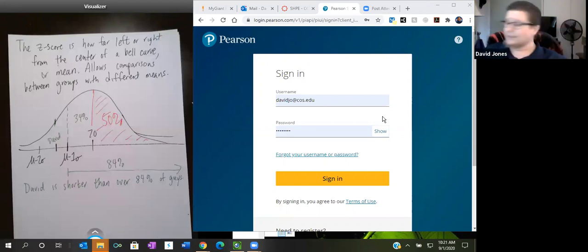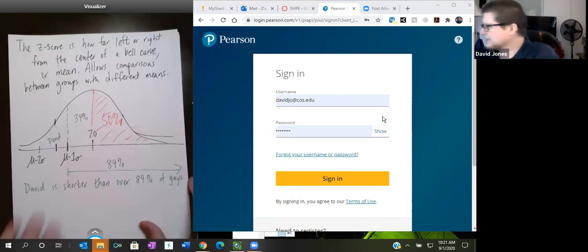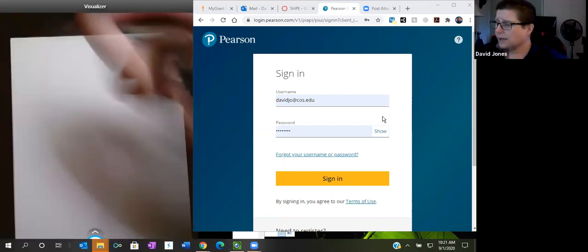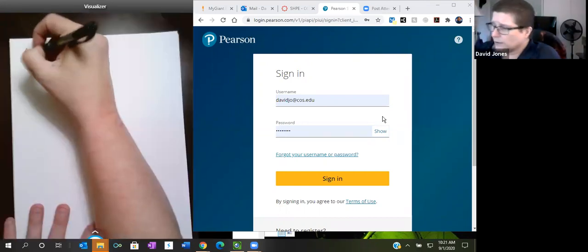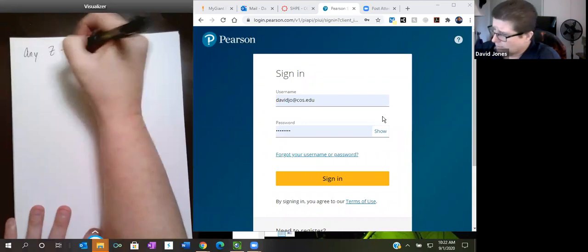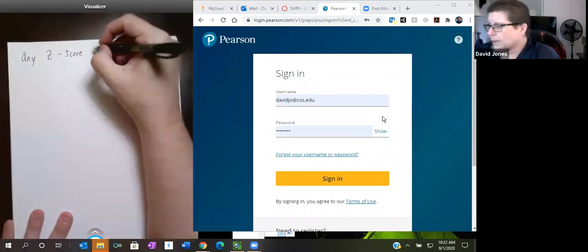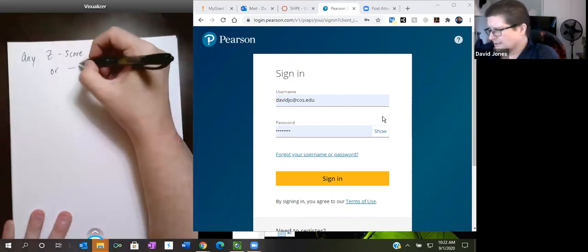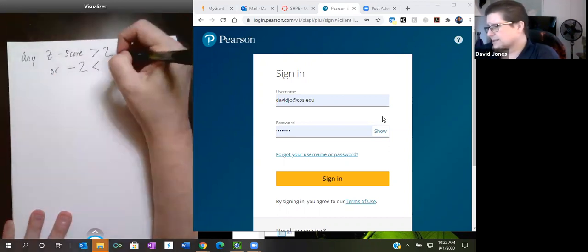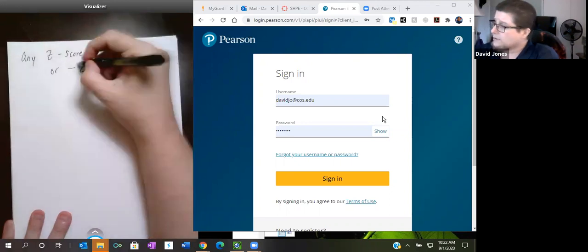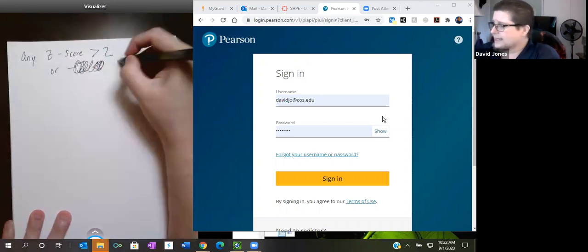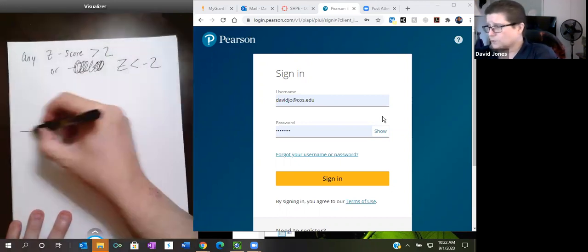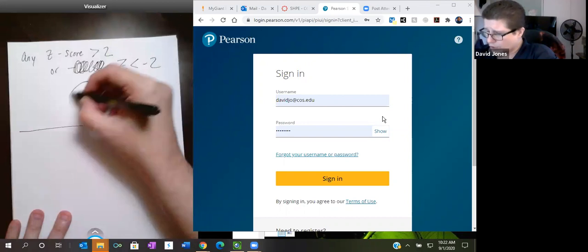I'm conscious of it. So let's talk a little bit more about z-scores. Any z-score that is greater than 2 or less than -2, I'll show you on the picture.